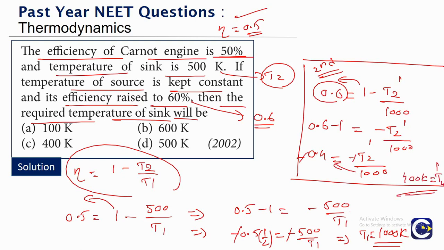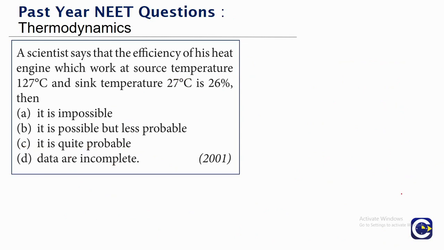That is our T2 dash. So the new sink temperature has to be what? 400 Kelvin. So that with the same source temperature of 1000, if we want to hit efficiency of 60% or efficiency factor of 0.6, we should have the sink temperature to be 400 Kelvin. Okay, we'll move on to the next question.